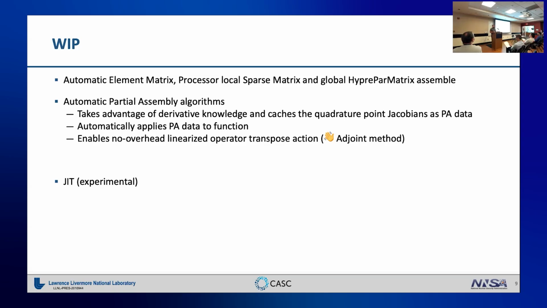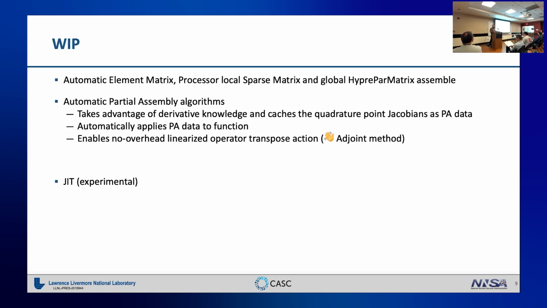Then partial assembly. Partial assembly is this word that is always associated with performance on the GPU. Everything that I mentioned for DFAM automatically dispatches to GPU, to any vendor that we support anyway.